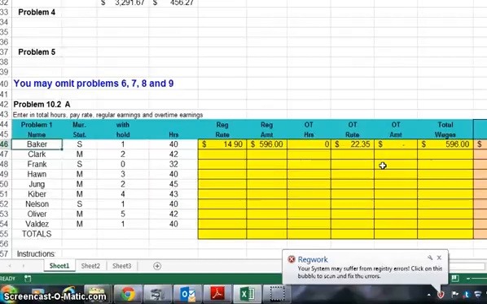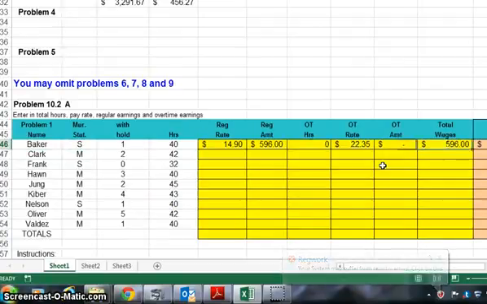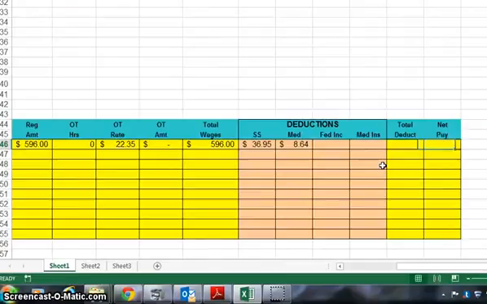So let's just scroll back here and see what this first person is: single with one exemption. So I'm going back over here to my deductions, and I'm going to look on page 170, and I'm looking down the left-hand column to see where $596 would be, and it's at the very bottom of the table.